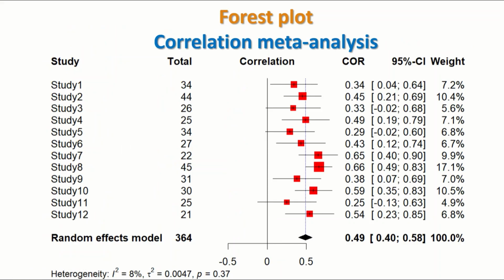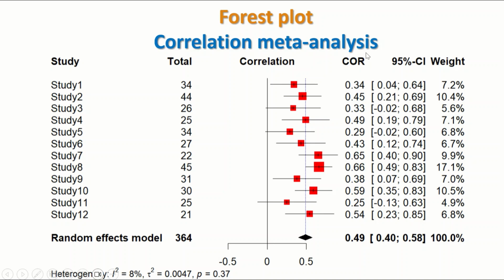A forest plot for this correlation meta-analysis looks like this format. This is generated from RStudio, and again there is a descriptive section, a diagrammatic section, and a section for the overall effect size and heterogeneity test.